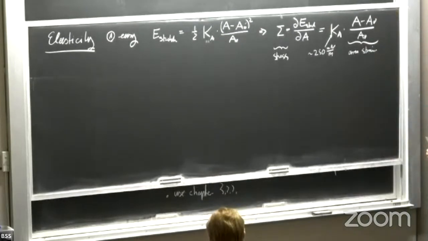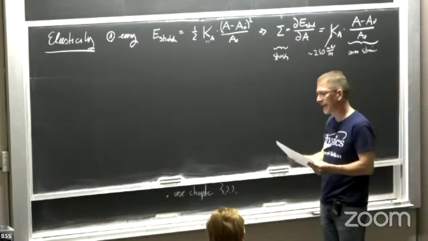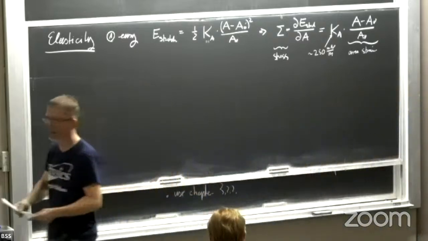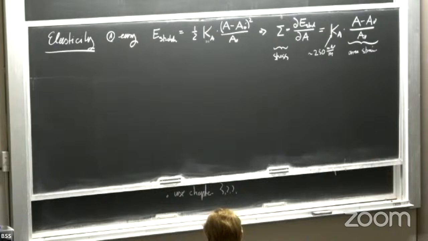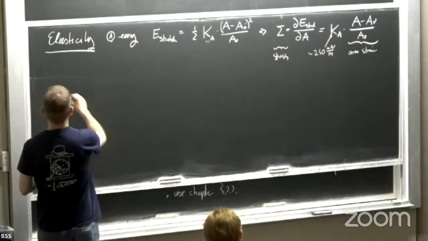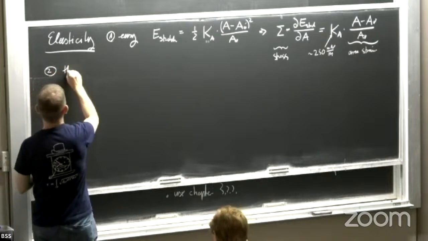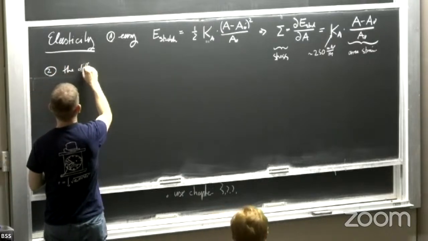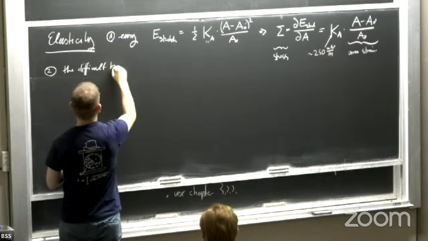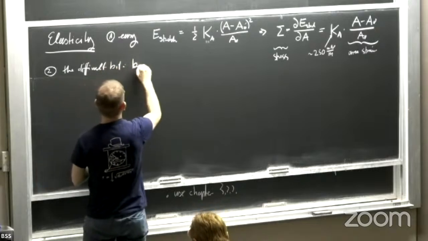The hard bit of elasticity is curvature, of course. So how do we do that? Actually, now that we have all the geometry at our disposal, it turns out not to be so hard after all. So, to the difficult bit: bending.